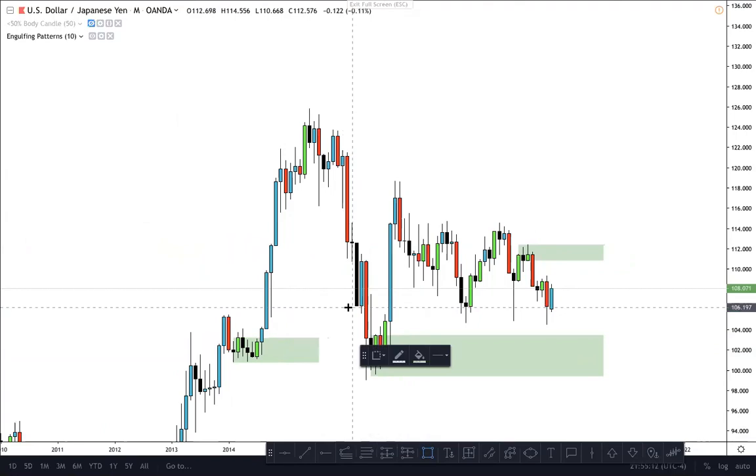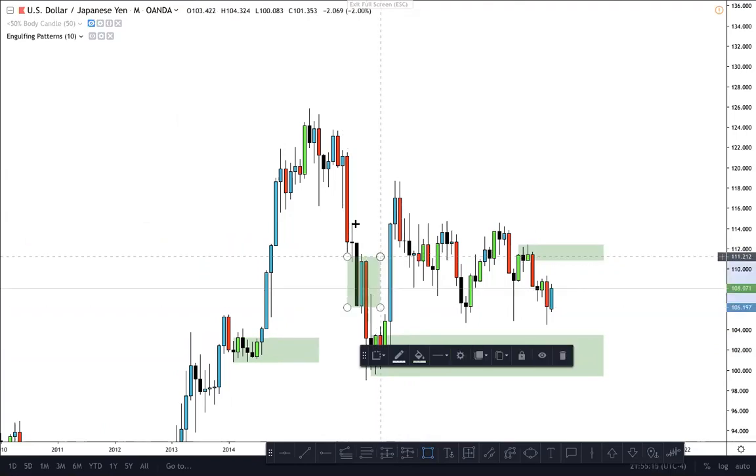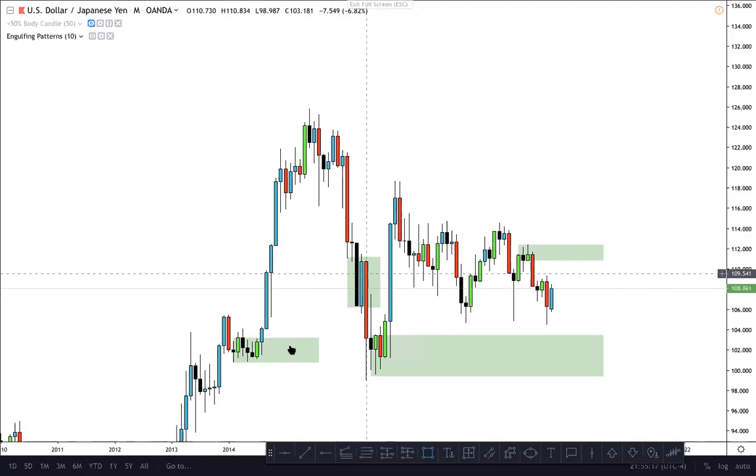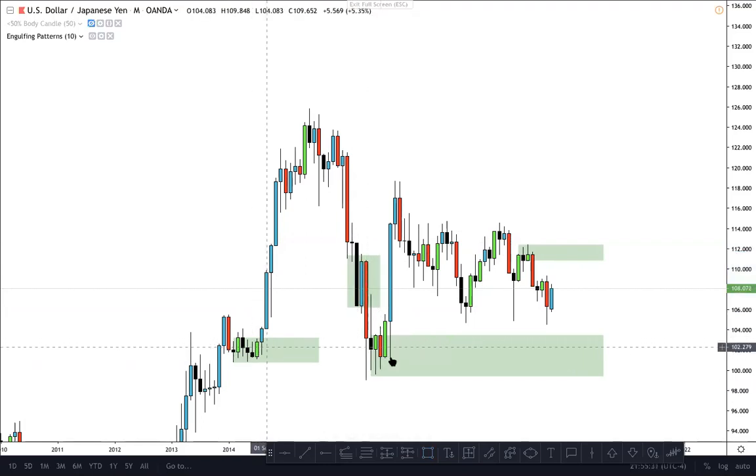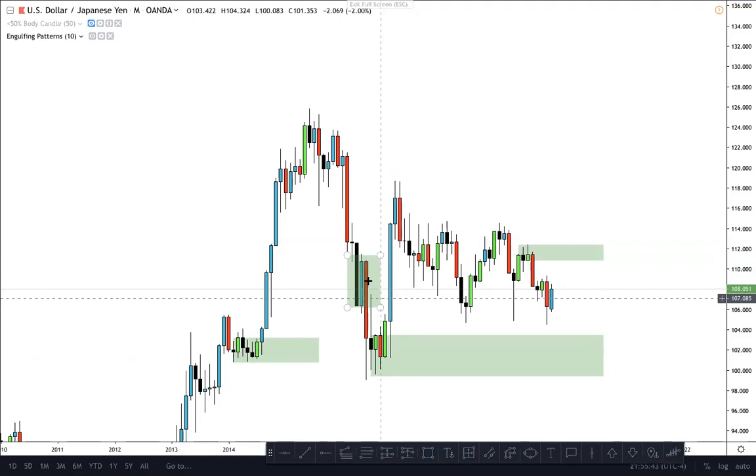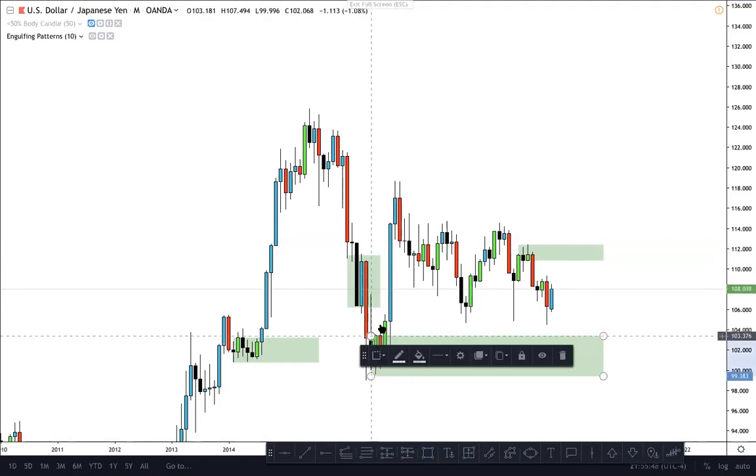Now, this level here is the level responsible for removing this level, because we had a drop, base, drop, right? Remove this level. No, we had a base, then rally, right? Removing this level. So because the market rallied from this level and removed this level, which was responsible for removing this level, this is a valid demand zone, right?